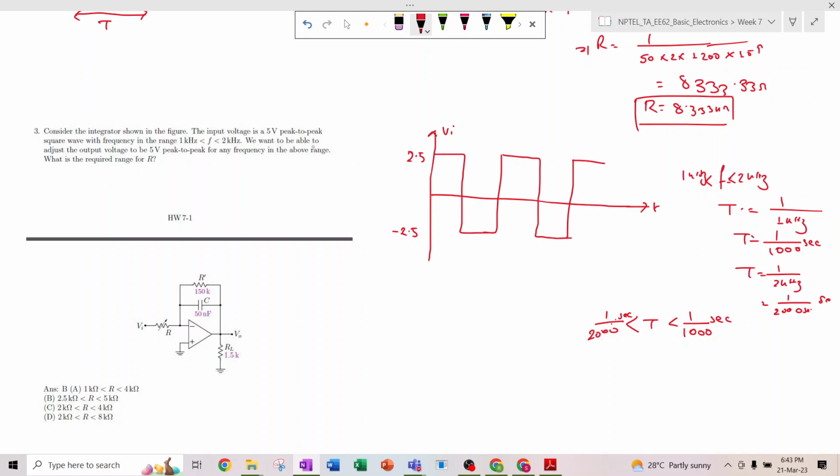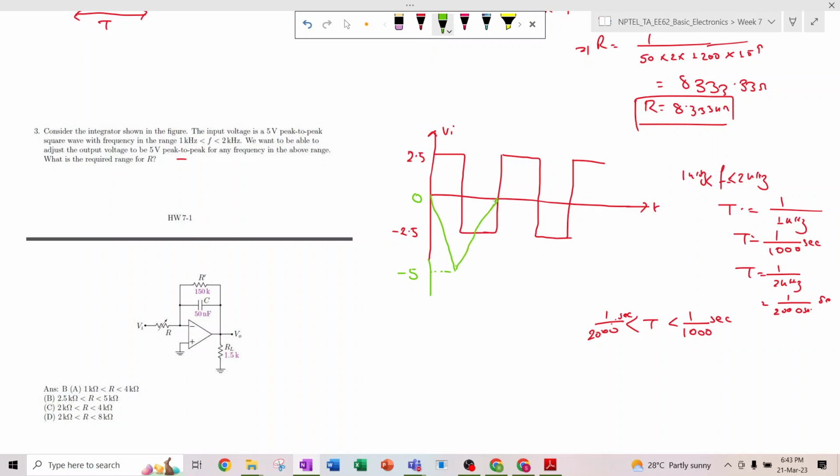Now what is it telling? We want to adjust the output voltage to 5 volt peak to peak. The output voltage will start from 0 and go to minus 5, so 5 volt peak to peak, and then it will again go to 0.